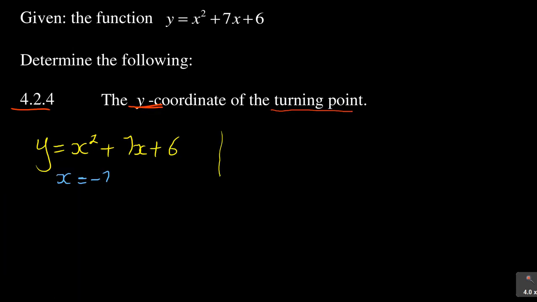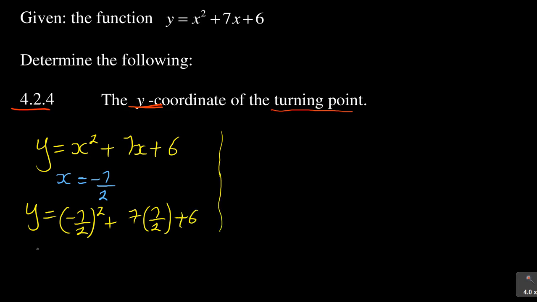Whenever there is an x, you substitute with -7/2. So you'll have (-7/2) squared plus 7 times (-7/2) plus 6, and you need to use your calculator now to find the final answer.